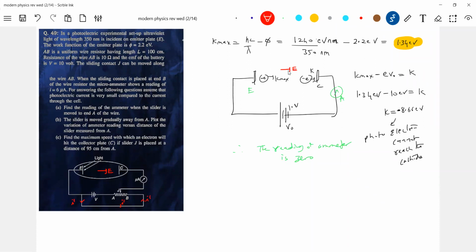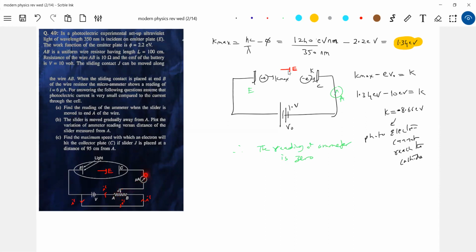Just observation of the problem, nothing else. Yeah, fine. Now, when the jockey is at A, what is the drop? All 10 volt will drop here. As I start moving it, there will be some drop. So of the applied EMF, a part will drop here and a part has to be dropped here.